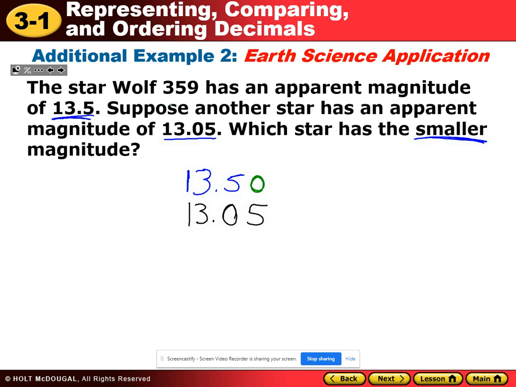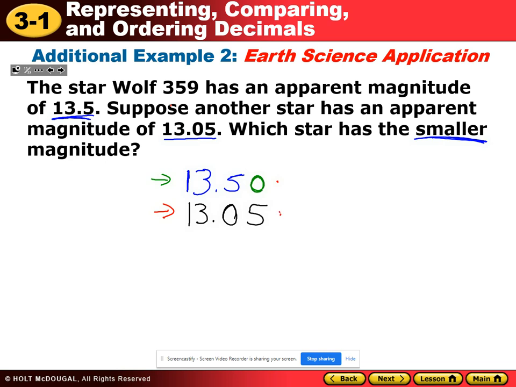This top number? 1,350. Okay, I can kind of pretend that's that. This bottom number? 1,305. Which one's bigger? 1,350 or 1,305?